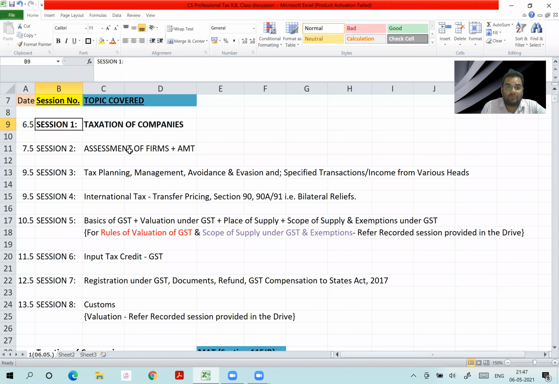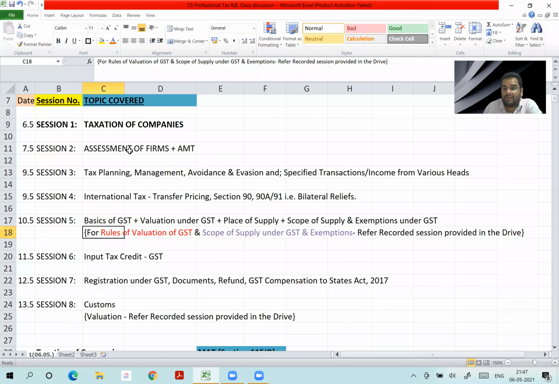Chalo. So from tomorrow onwards, see what is going to happen. As I told you in session 1, part A, from session 2 onwards, we'll do assessment of firms plus AMT, then tax planning, management, avoidance, evasion, all these things, and international tax in session 4. Then sessions 5, 6, 7, these 3 sessions, are about GST. But how can we complete GST only in 3 sessions?